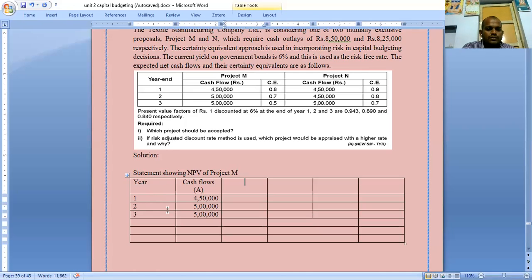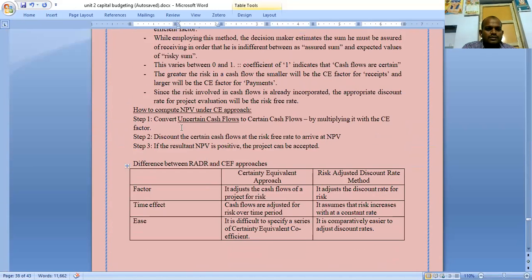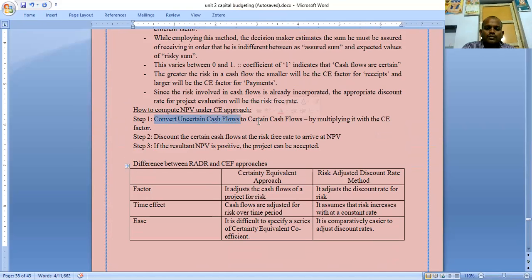Year 1, 2, 3 and cash flows 4,50,000, 5 lakhs and 5 lakhs. So according to the steps given, convert the uncertain cash flows into certain cash flows by multiplying the CE factor.